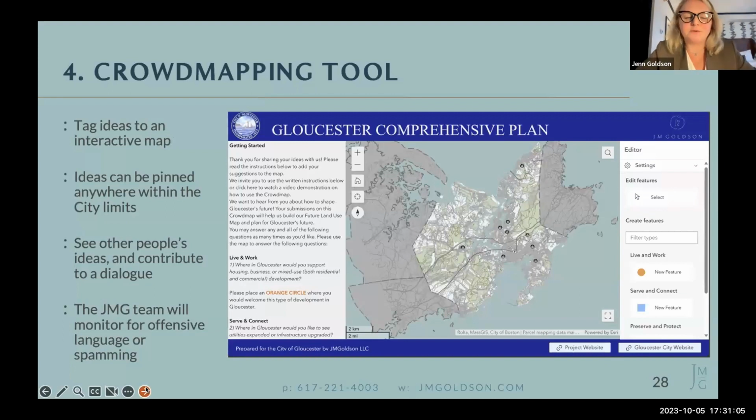The crowd mapping tool. This is an interactive map, and you'll see that you can go online and you can use points. There are different categories like a live and work category, serve and connect, preserve and protect, and they show up when you use those points. You drop it on the map and you say, I think there's housing opportunity here, or an economic development opportunity here, or I see an issue with some existing business or industrial use or whatever it is.